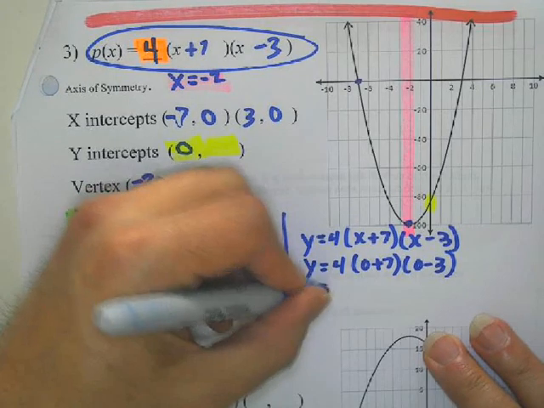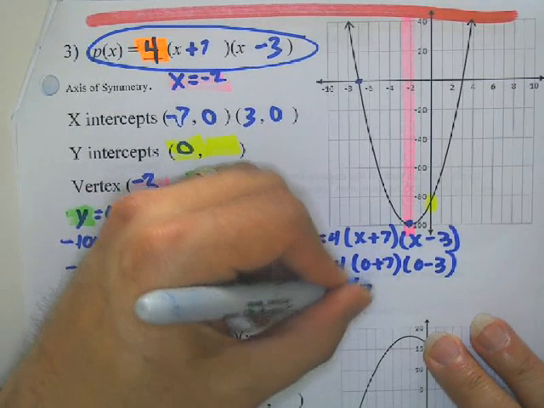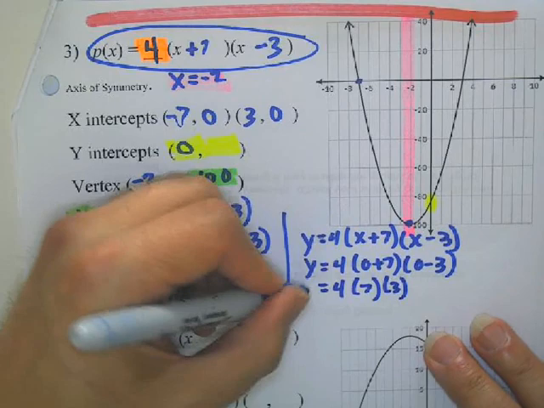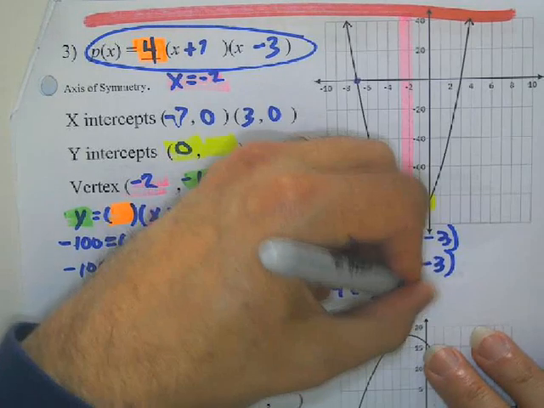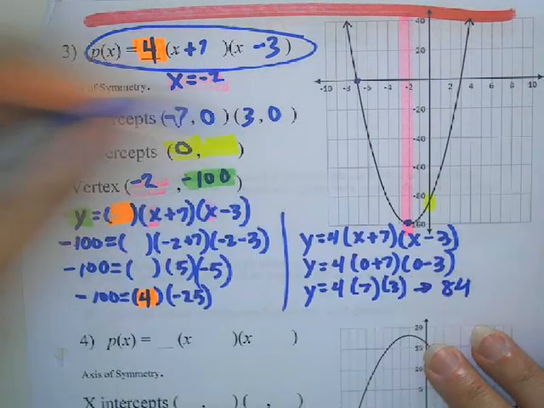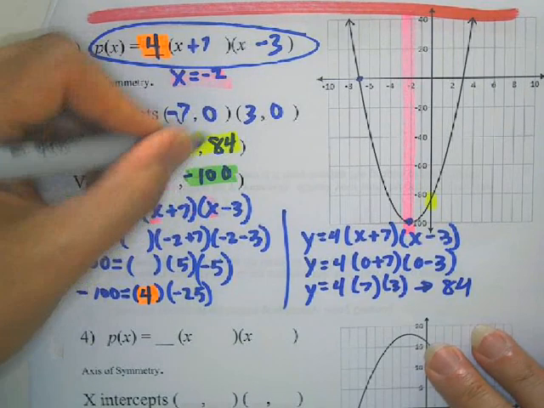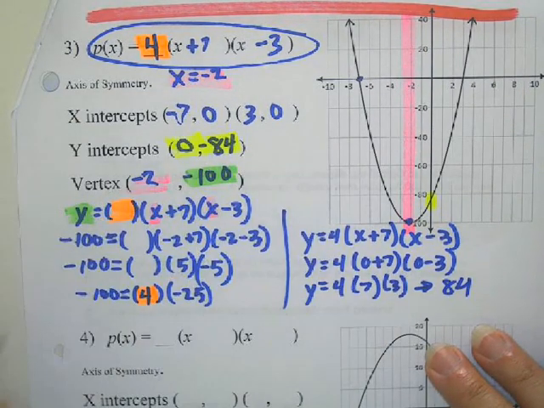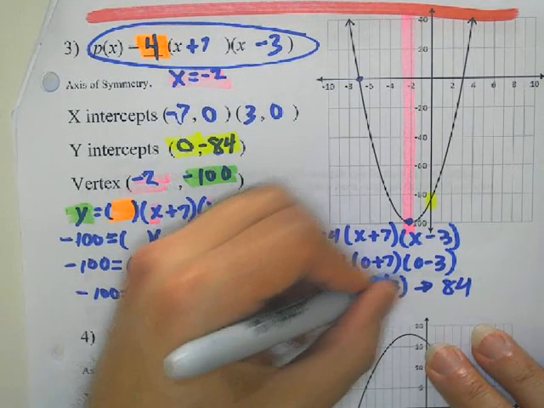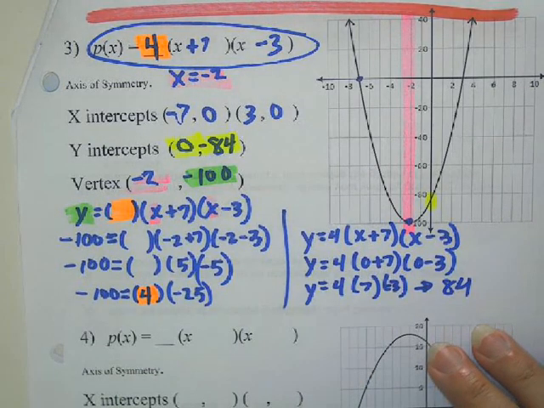So it equals 4 times 7 times negative 3, and if we multiply all those together, we get negative 84. Oops, that should be negative 3, right? Negative 84.